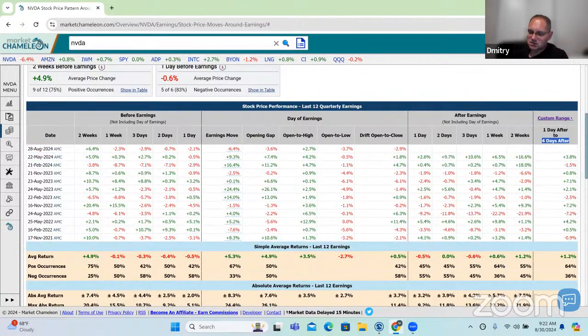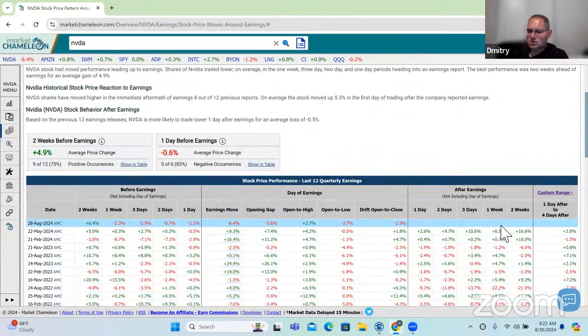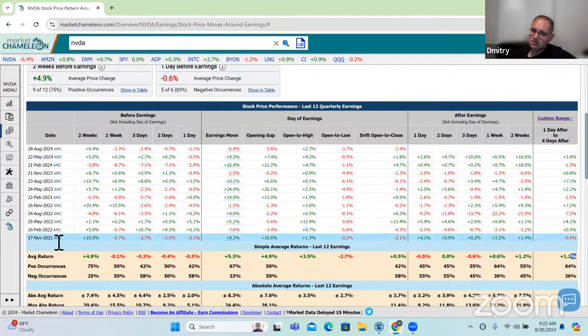And this last column will produce the statistics for that date range. So that would be using this particular table to quickly get an idea of the distribution of returns around earnings, using the observations that we have listed here on the left-hand side.